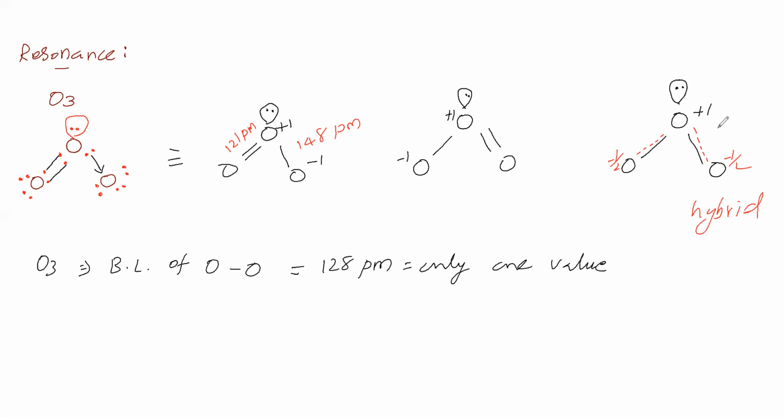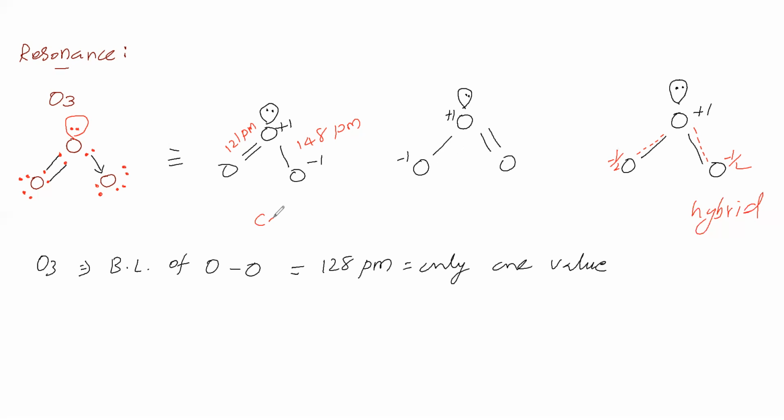So here we have written the Lewis dot structure for ozone, and another possibility of this. Therefore these two structures are alternating structures. These two structures are contributing structures, alternating structures.